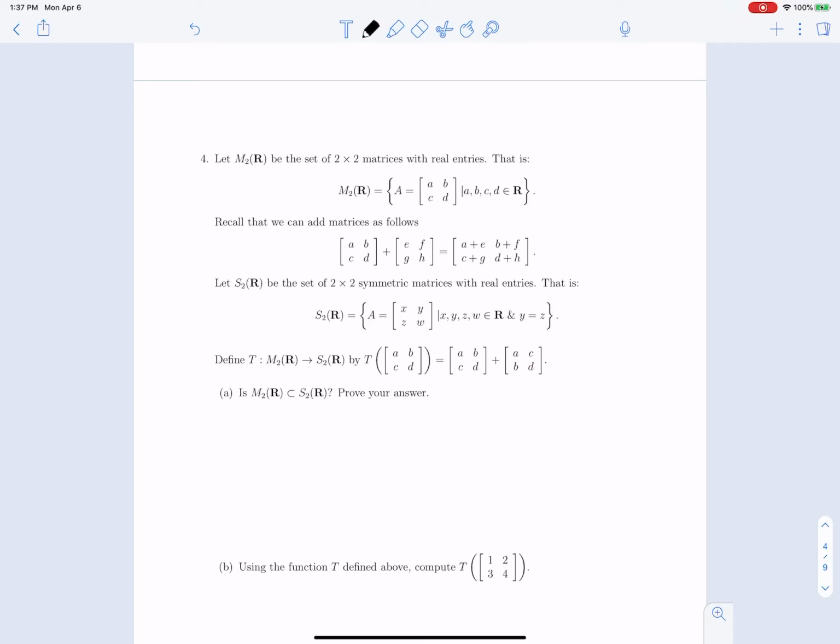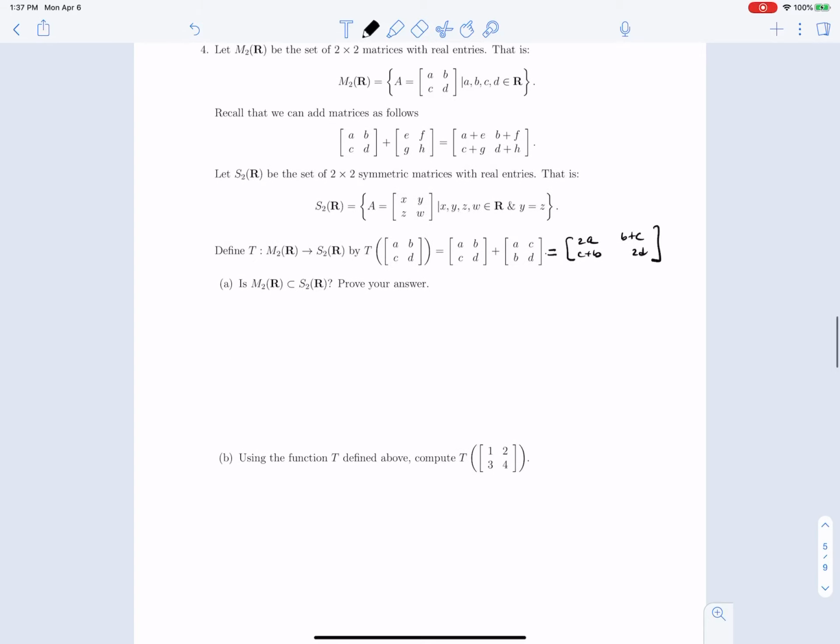One thing you might want to notice is you can already simplify this expression by saying it's equal to 2a, a plus a, b plus c, c plus b, and 2d. It's the same expression, just simplified. So if we look at this case, T of 1, 2, 3, 4 is 1, 2, 3, 4 plus 1, 3, 2, 4.